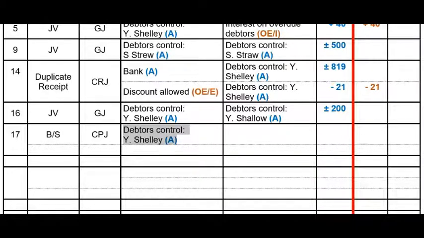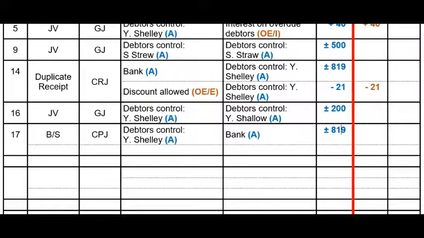And the account that will be credited is bank, because unfortunately we debited bank here thinking that we received money, but we didn't. So to reverse that debit, you go and credit bank. And the value is still plus minus 819 in assets. So you can see it's just the opposite of this transaction here. You just swap your debits and your credits.